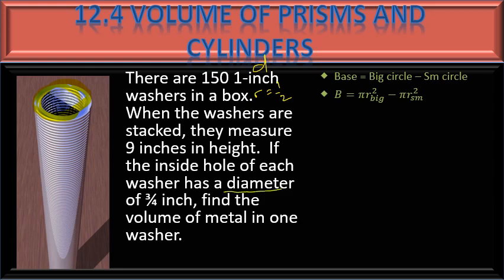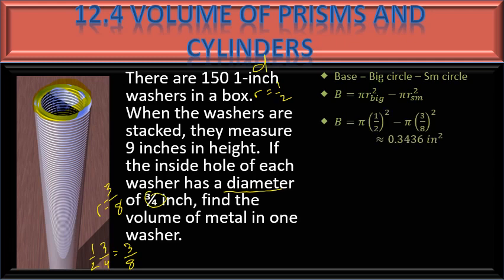And it says that this 3/4 is a diameter, so that means that radius is half of 3/4, or 3/8. How do I get that? 1/2 times 3/4, multiply those together. Across the top, 1 times 3. Across the bottom, 2 times 4. All right, so I can fill in 1/2 for the big radius, 3/8 for the small radius. Subtract them.